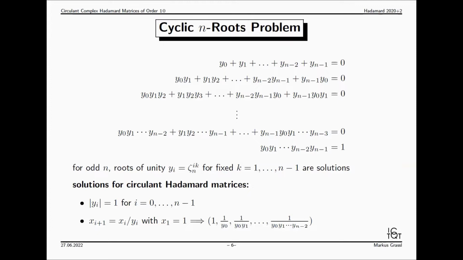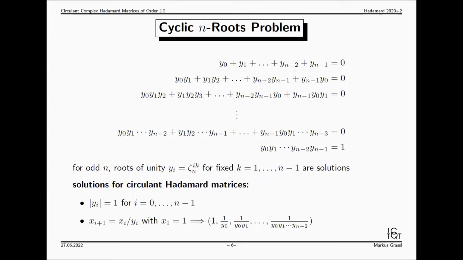For even n, you get a slightly more complicated formula, and you might even have repetitions, but basically there are some, which are also referred to as classical solutions, already known at least since Gauss, to these equations. I don't write them down, but we will also have solutions which are actually not roots of unity. Of course, all of them have to have modulus 1, so that's a condition to check.